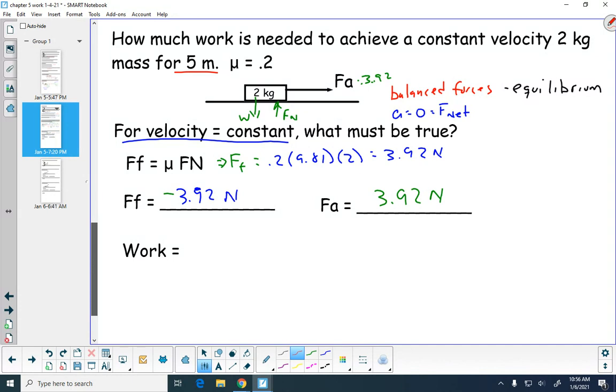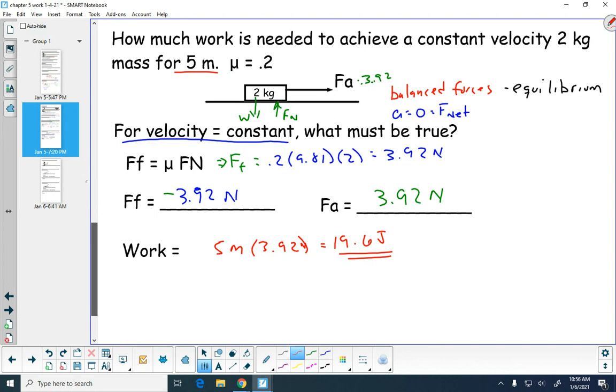Riley, what do we have? What do we come up with? 19.6 joules. Okay, taking our 5 meters times our 3.92 newtons.